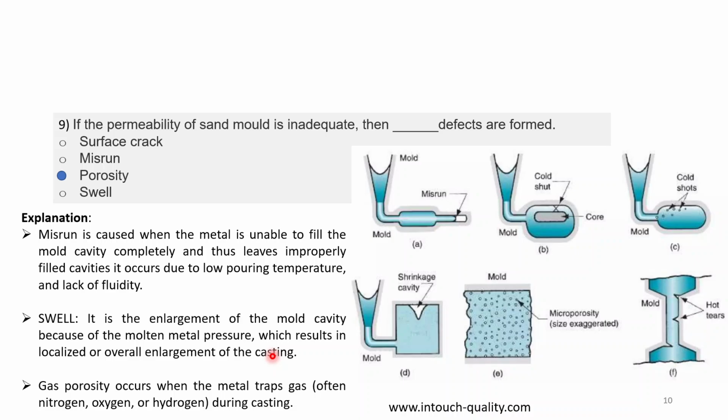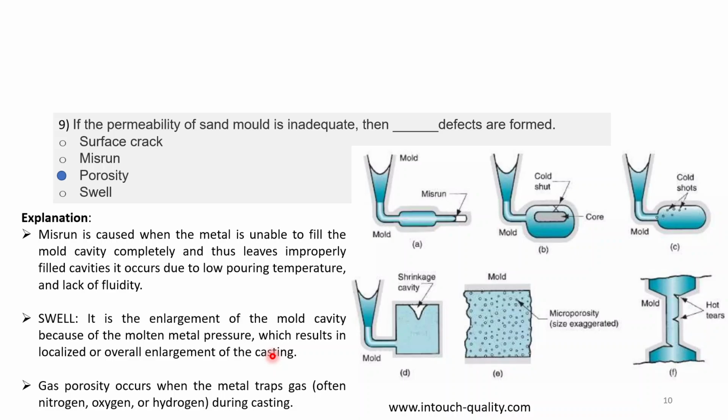I have tried to define those here, so that if the question is the other way around, you can answer. Misrun is caused when the metal is unable to fill the mold cavity completely and thus leaves improperly filled cavities, and it occurs due to low pouring temperature and lack of fluidity.